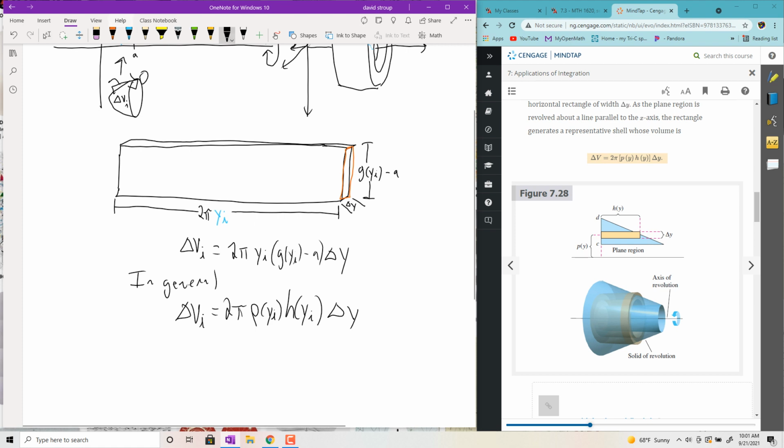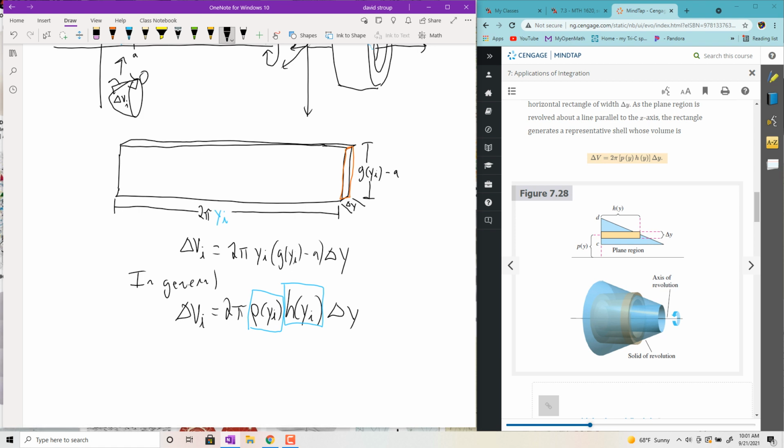So these two functions are what you're going after when you set up your problems. With the disk method, you were looking for a radius function. For the washer method, you were looking for a big radius and a little radius function. Now you're going to be looking for a radius function and a height function.